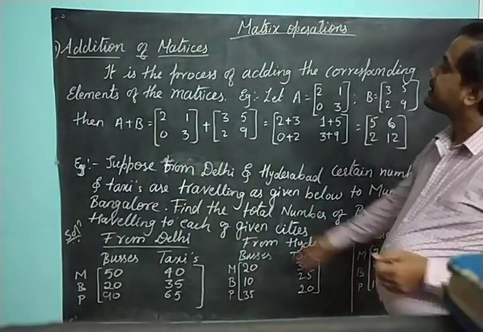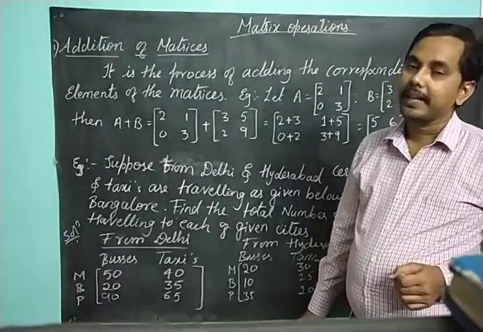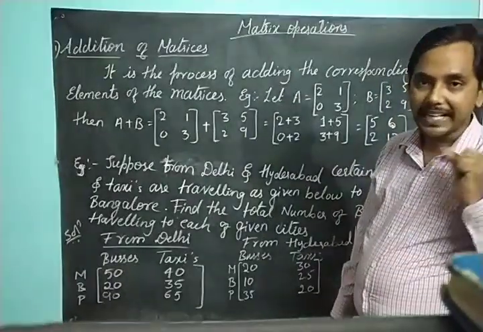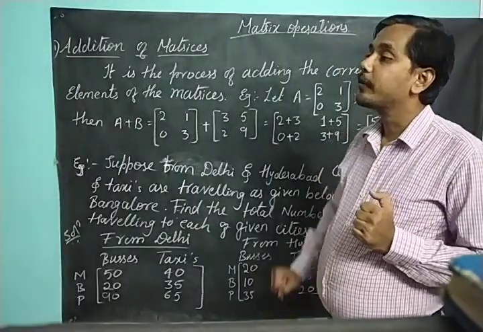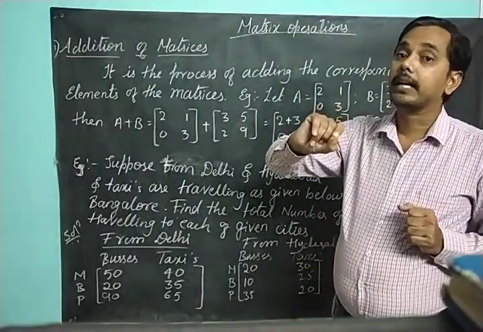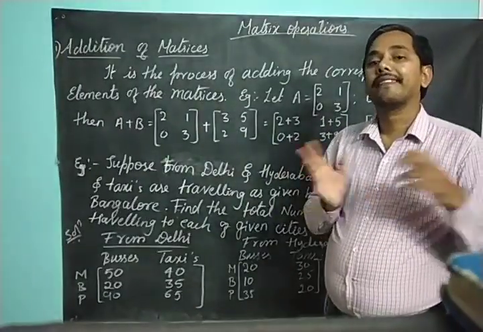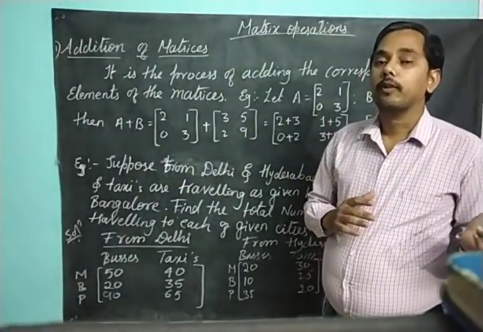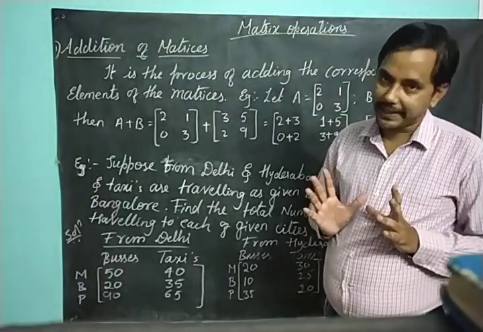It is the process of adding corresponding elements of matrices. If you want to add two numbers directly, you can add, but how are you going to add matrices? You need to add corresponding elements of the matrices. Then the resulting matrix will give you the sum of two matrices.